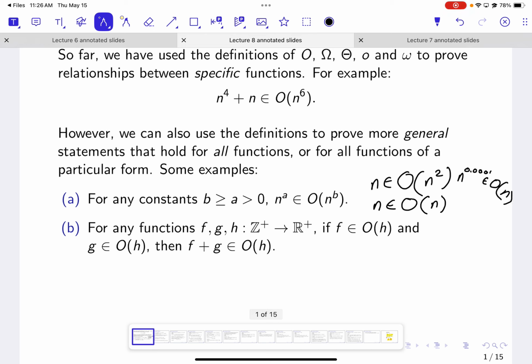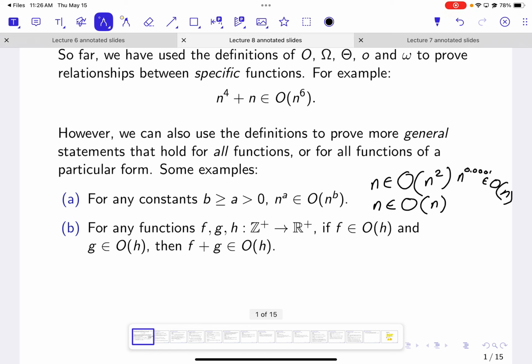I've already run out of space. Note that these exponents both have to be greater than 0. This doesn't say anything about negative exponents, and an exponent that is exactly 0 is just 1. But it's a good fact to know.